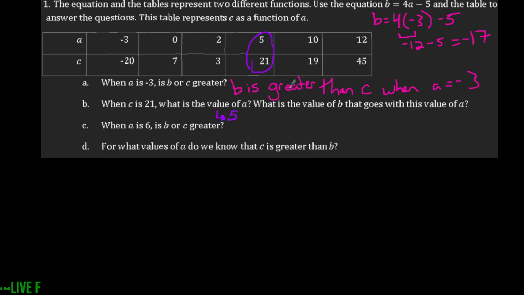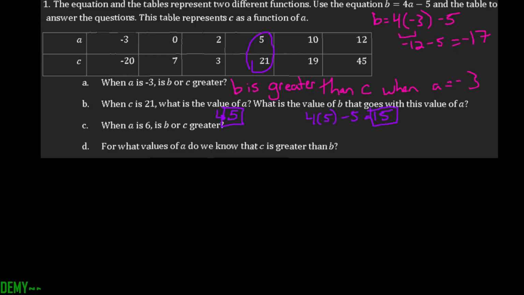So we plug that in. Right here, we have 4 times 5 minus 5. Well, 4 times 5 is 20. Minus 5 is going to be equal to 15. So when a is 5, c is 21 and b is 15.